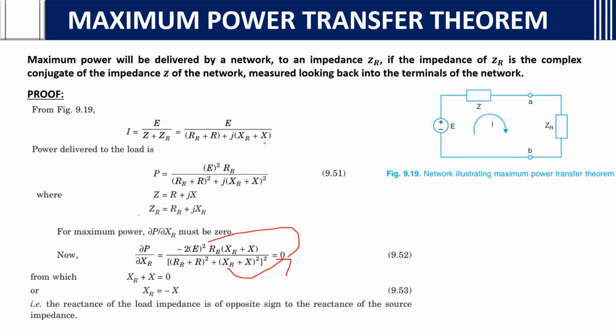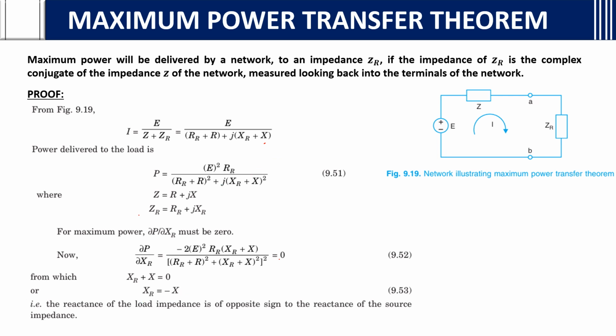We will be left with XR plus X equals 0, so XR equals minus X. So you can substitute XR equals minus X in this equation to remove that imaginary part.